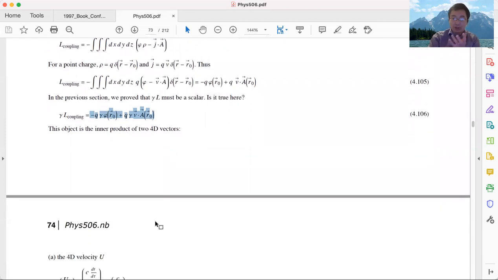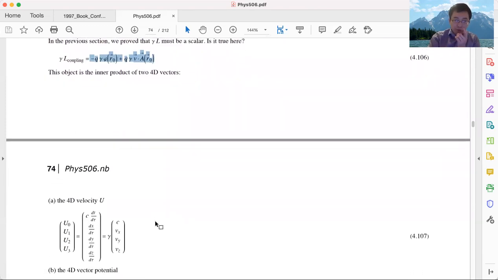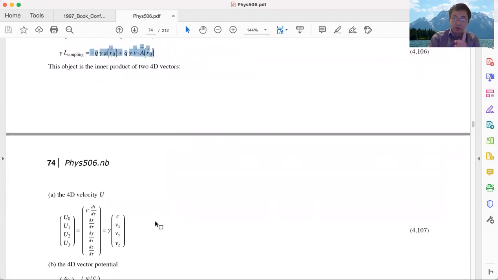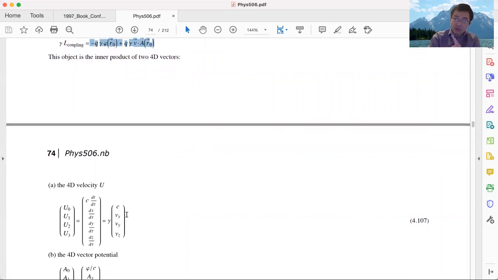We can prove that very easily. To show that, let me remind you of the definition of two 4D vectors. In the earlier chapter, we defined the four-dimensional velocity. The zeroth component is the speed of light times gamma, and the other three components are velocity x, y, z times gamma.